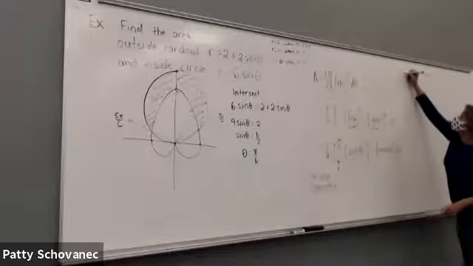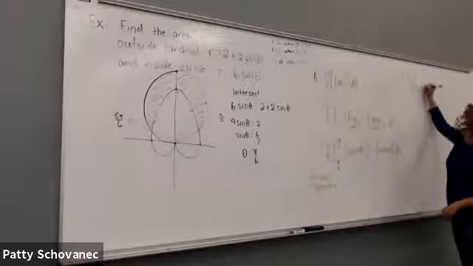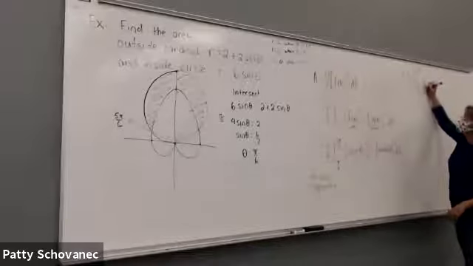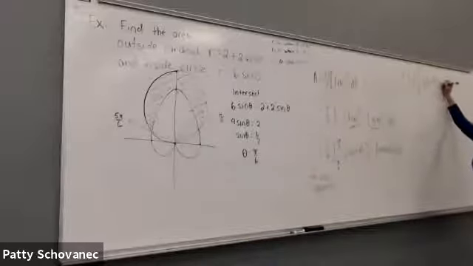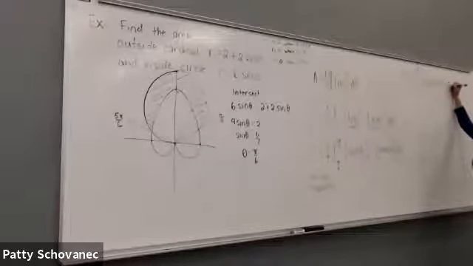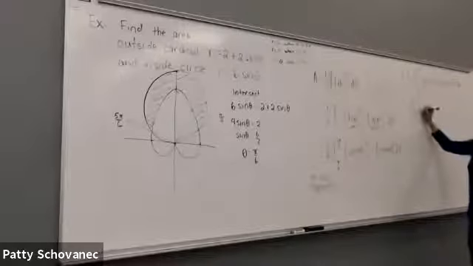So I'm going to do 2 times 1/2 integral pi 6 to pi halves of 6 sine theta squared minus 2 plus 2 sine theta squared. So now we're going to do some squaring. Those cancel. The 6 squared is 36 sine squared theta.